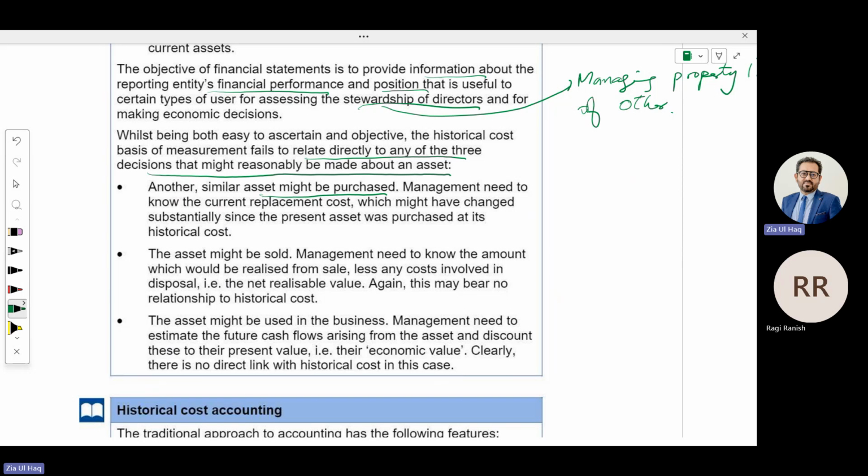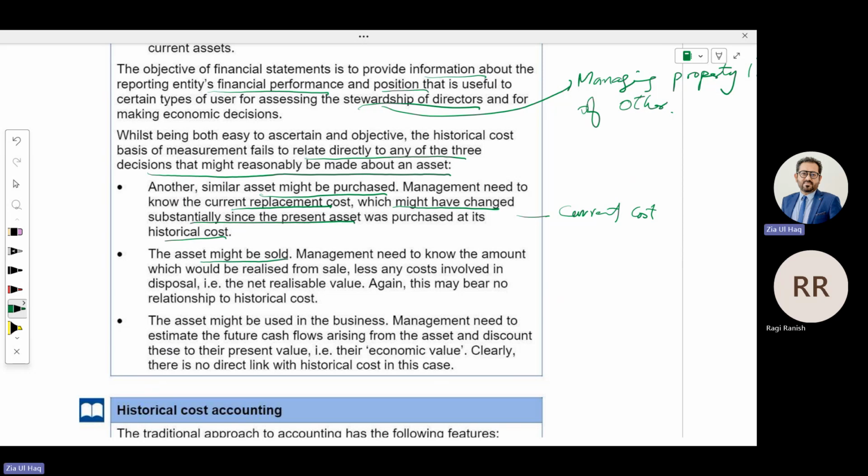So, madam, we need to know the current replacement cost, which might have changed substantially since the present asset was purchased at its historical cost. This means in this situation, they need to record on current cost basis. The asset might be sold.